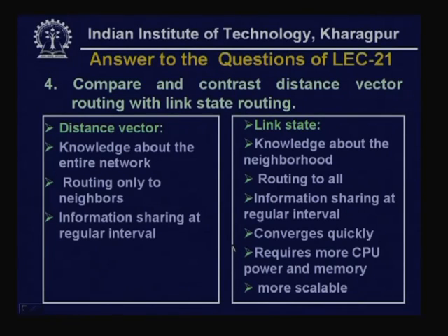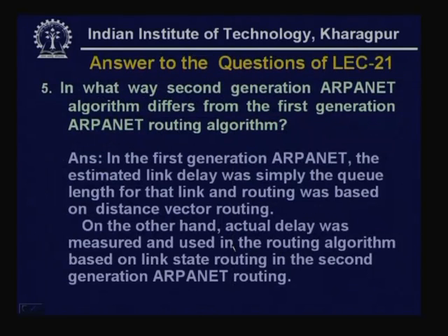It converges quickly, requires more CPU power and memory, and is more scalable. Then, in what way does the second generation ARPANET algorithm differ from the first generation? As you have seen, in the second generation delay was actually measured rather than the queue length. That was the basic difference between the second generation and the first generation.